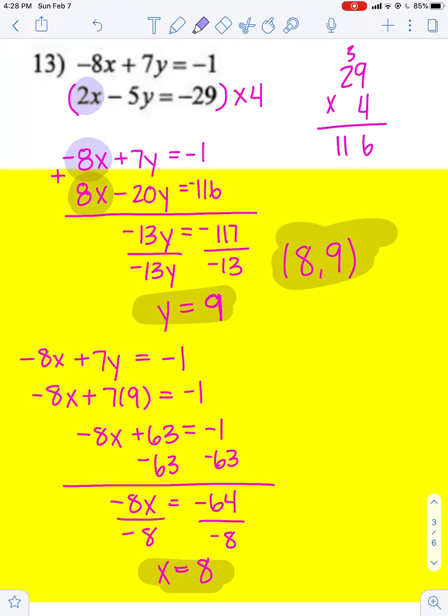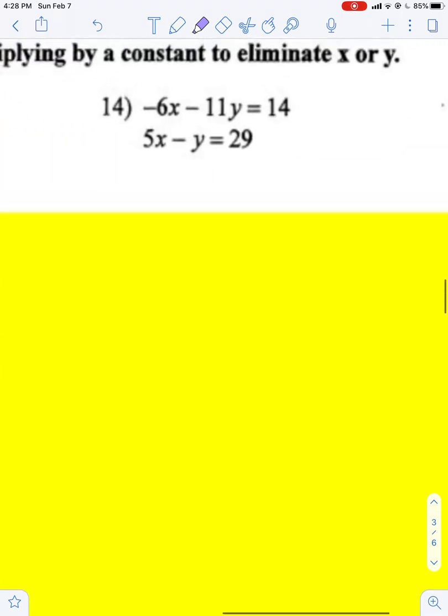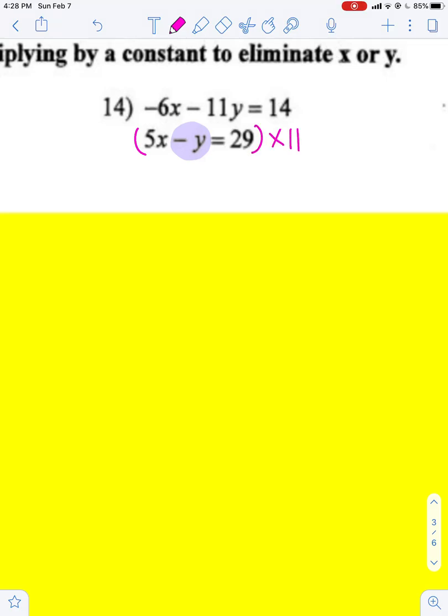Okay? So let's do another one. Looking here, there's really nothing I can multiply 5 by to get 6. But there is something I can multiply this negative y by to get 11. So I'm going to multiply the entire thing times 11. So the first row will stay the same.